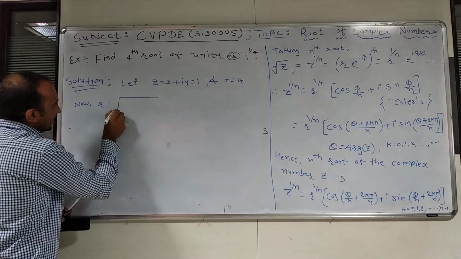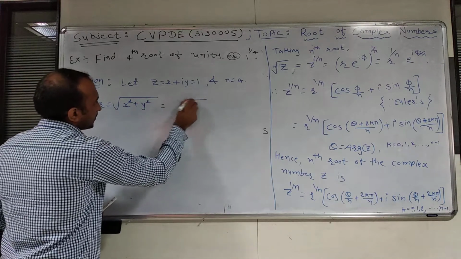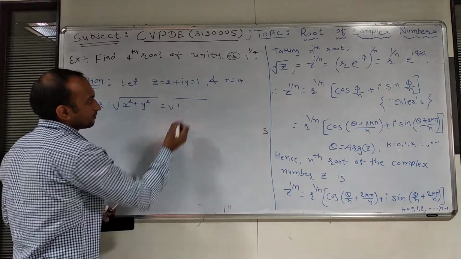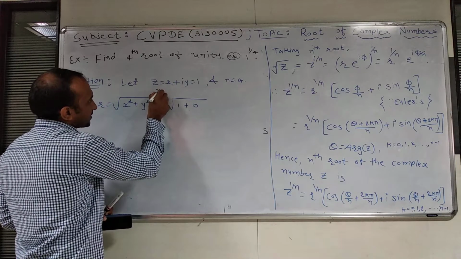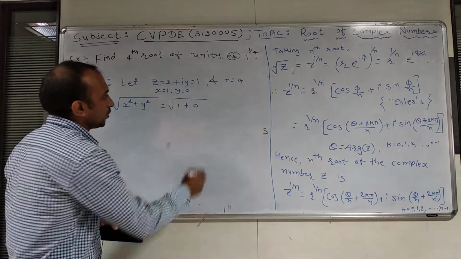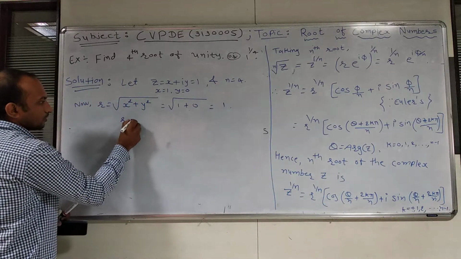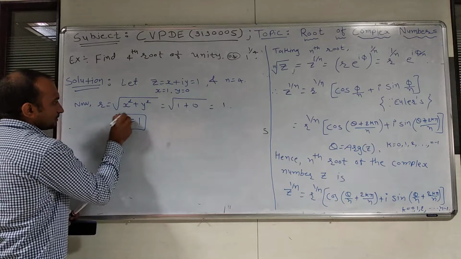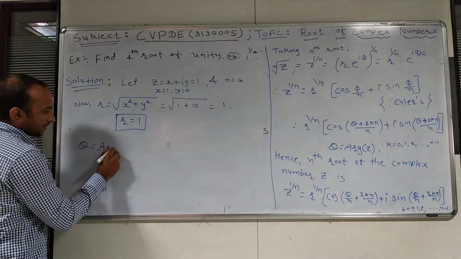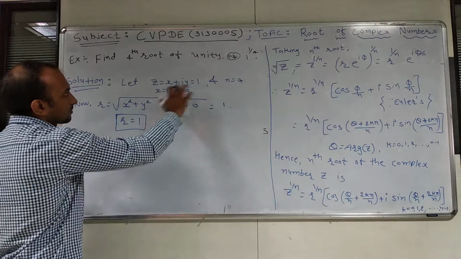We know that r is the square root of x square plus y square, so x is 1 and y is 0, because the real part exists and the imaginary part is 0. So the square root of 1 is 1, so r equals 1.